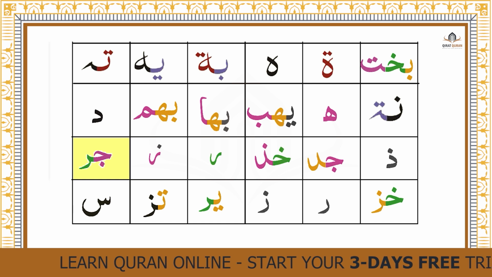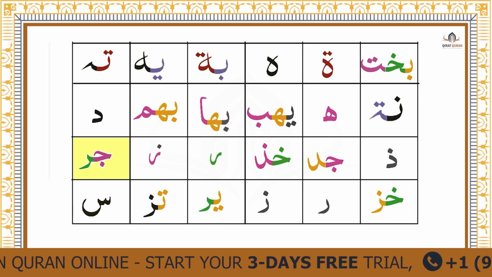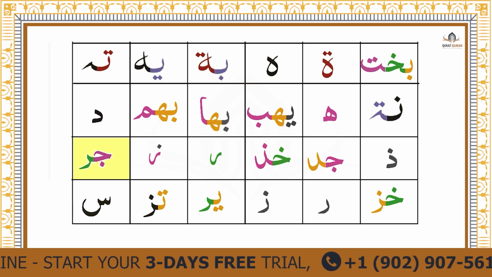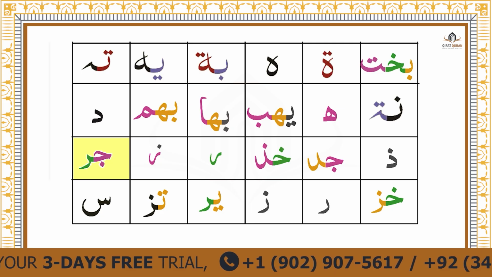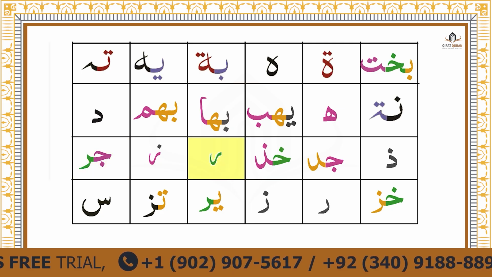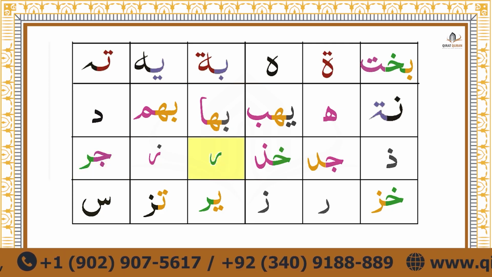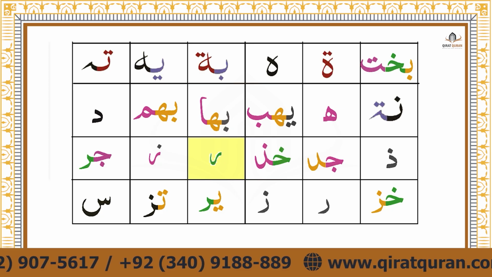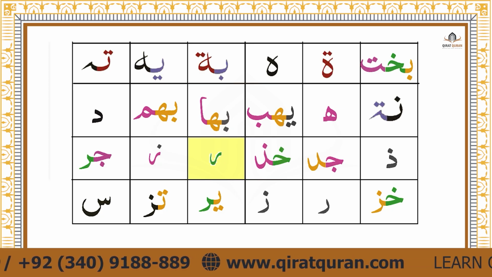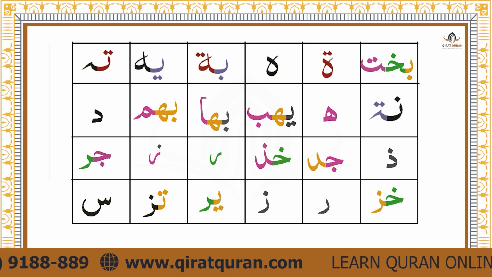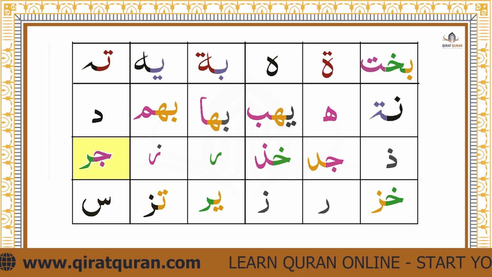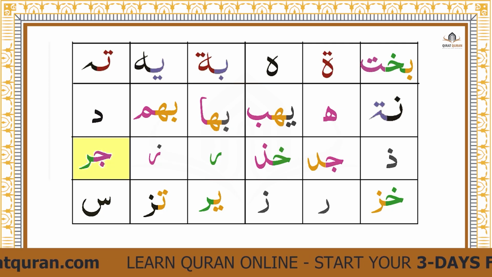One is this, connected here with the jeem, and the second one is the actual shape of ra. So ra sometimes looks like this when it connects to any other letter, and sometimes it looks like this when it comes alone. Both of these are ra.